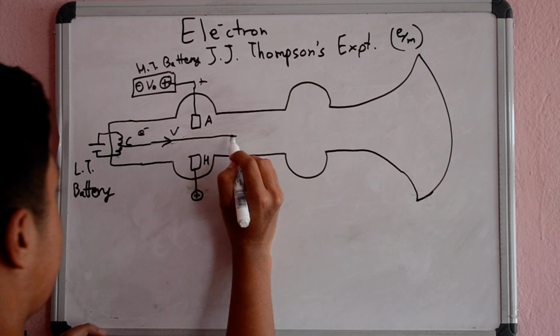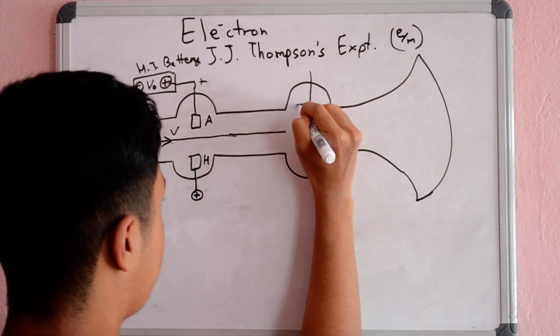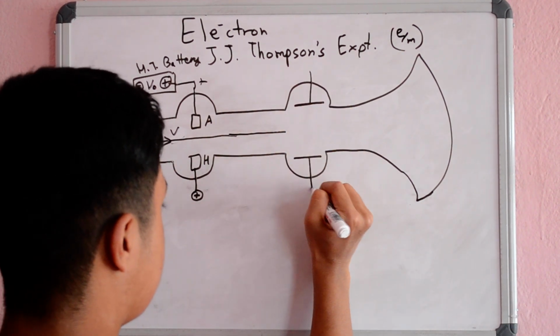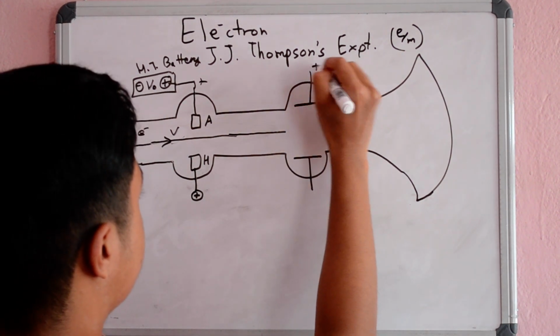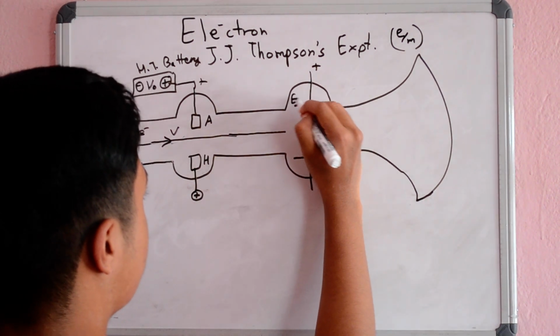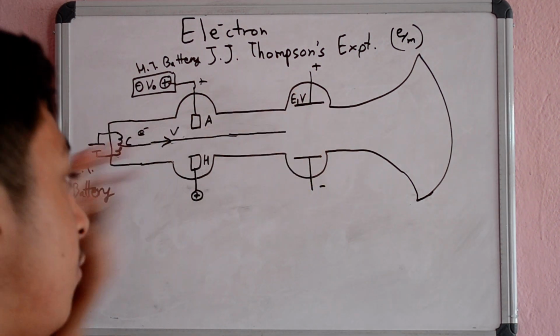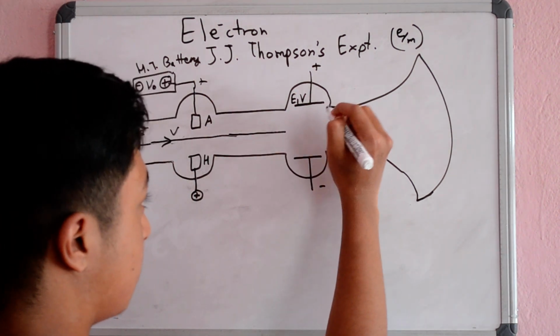Now here it just goes on here, and here there is an electric field. This is positive charge, this is negative charge, with electric field E with potential V, and this is the distance between the plates.